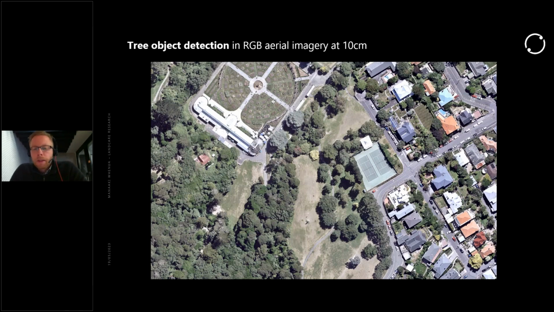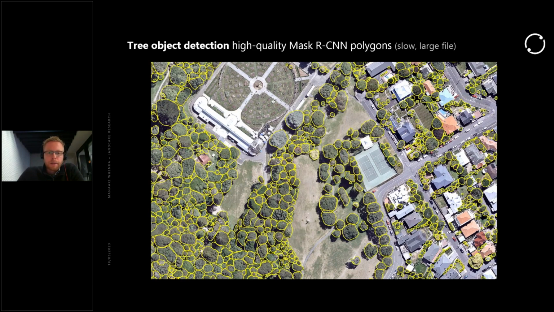The other experiment I would like to show you in the urban space is mapping individual tree crowns in Wellington City. Here, this is a typical aerial image that is available for almost all of the New Zealand cities at 10 centimeters. The prediction here was done using a model called Mask R-CNN.